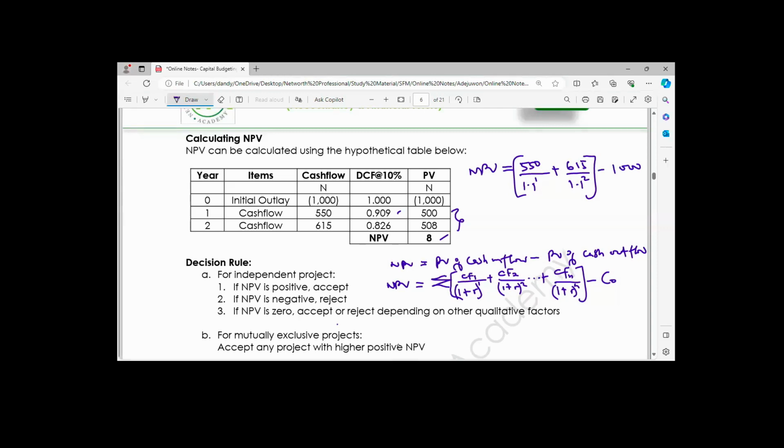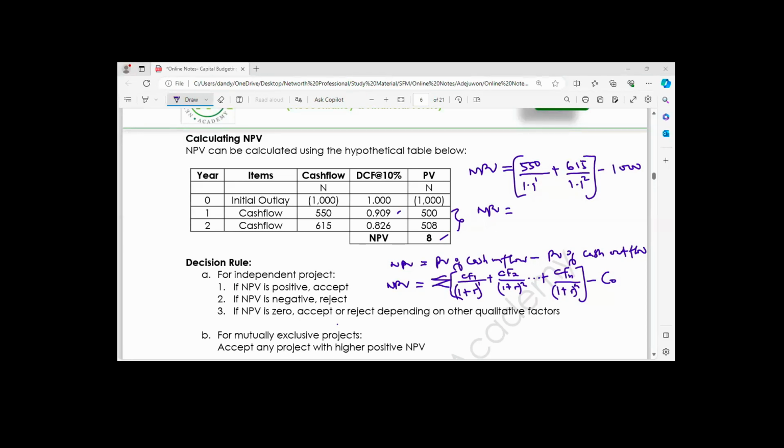All right. Then I would say NPV equals, I will bring up my calculator. 1.1 raised to power 1, I got 1.1. Sorry, 550 divided by 1.1 equals 500 naira.